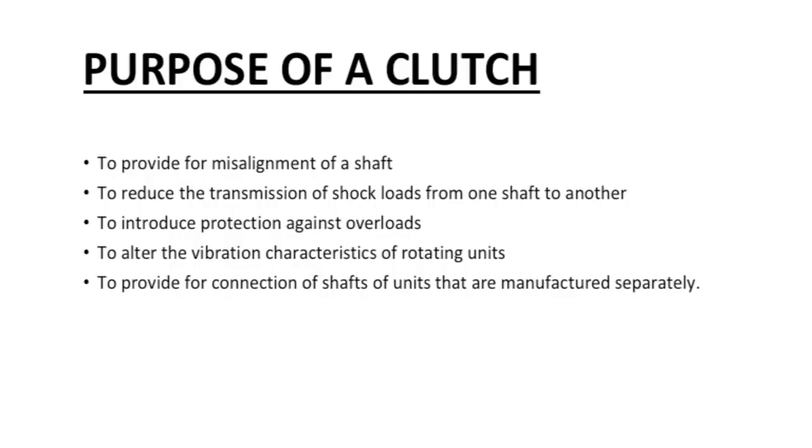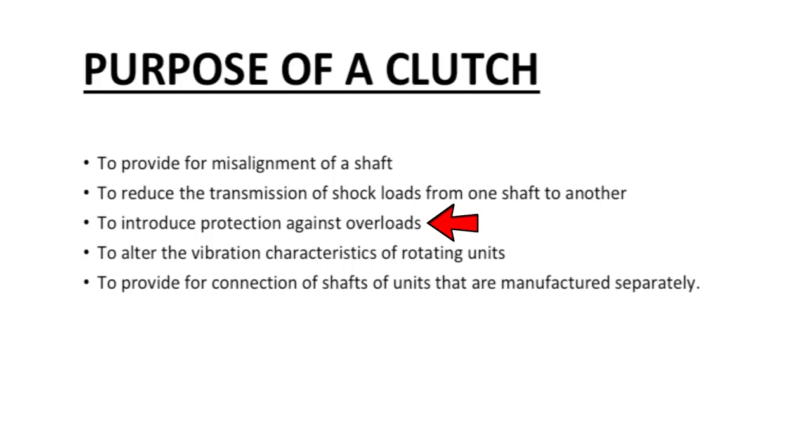Then what is the purpose of a clutch? A clutch provides for misalignment of a shaft. Number 2, it reduces the transmission of shock load from one shaft to another.